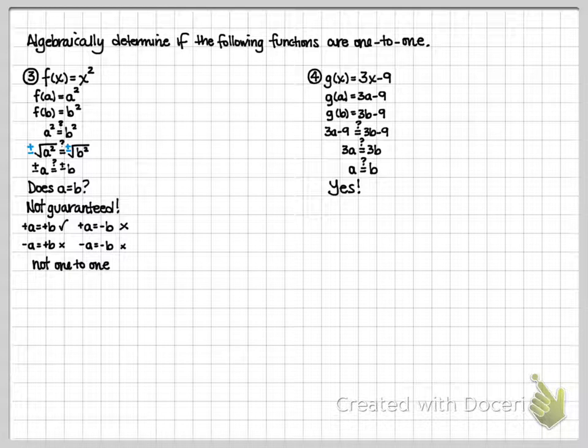So it is guaranteed that a is equal to b. So I can say my original function, which I called g of x, is 1-to-1.